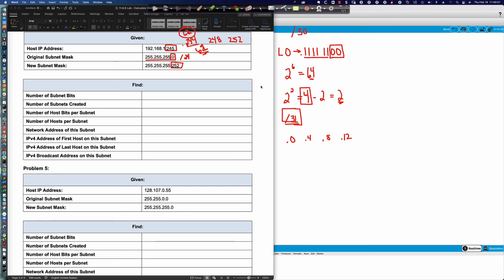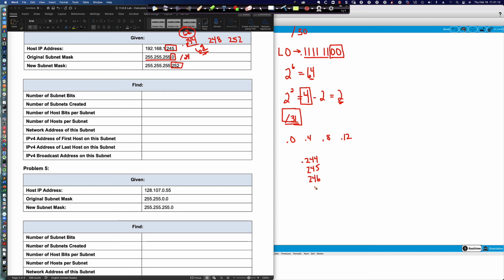Okay, so we know that our subnet ID is going to be 244. And if we know that it's 192.168.1.244, and we only got 2 usables, 245 is going to be my first usable, and then 246.